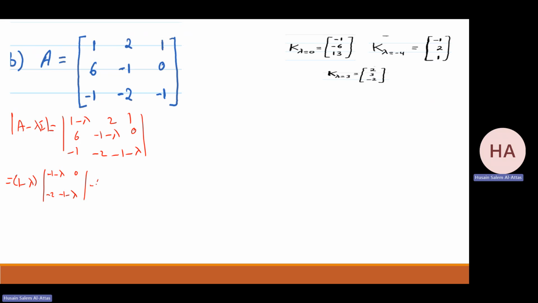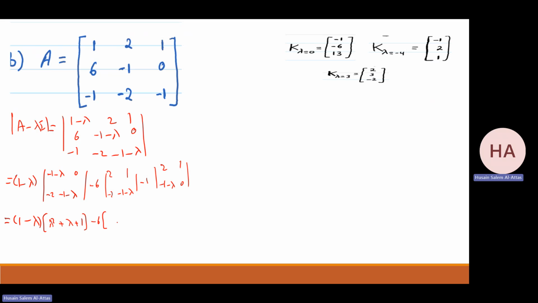Minus 6. Take this and this. I have 2, 1, minus 2, minus 1 minus lambda. Minus 1. Take this and this. 2, 1, minus 1 minus lambda, and 0. So what do I have? 1 minus lambda. Here I have lambda square plus lambda, plus lambda, and plus 1, minus 0, so it's 0.